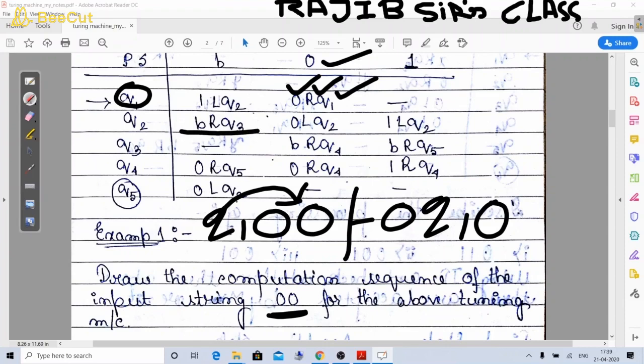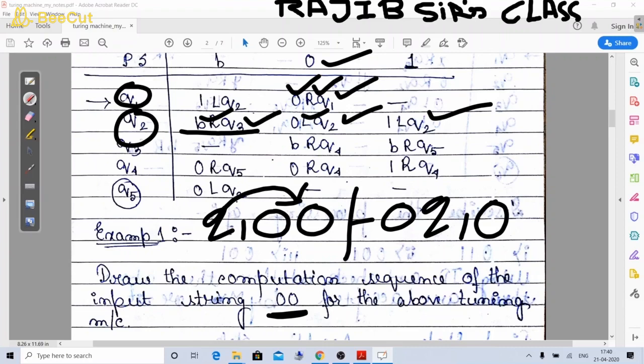The first one tells you the new symbol which replaces the previous one, and then the L or R is present, which denotes the movement of the read write head, towards left or towards right. And then we have the state, whether it changes, if it is q2, whether it changes from q2 to q3 or remains q2 or anything else.